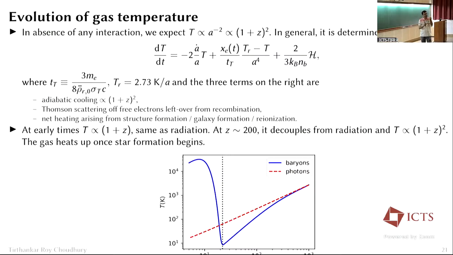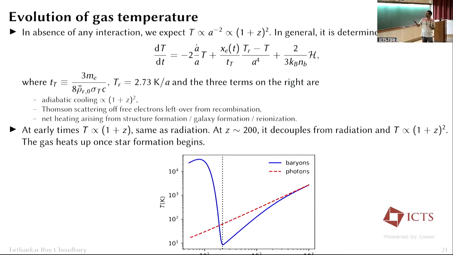ionized electrons scatter the photons because of Thomson scattering, and that is this term. It depends on the residual free electron fraction and the difference between the temperature of radiation and the gas. So this term will tend to bring the two temperatures together, even if they try to go away. It will try to couple the gas temperature with the CMB temperature.